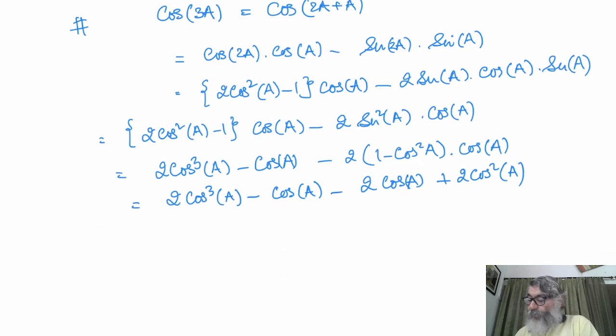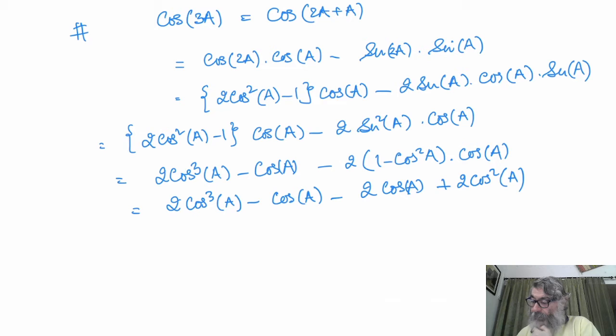So 2 cos cube a and 2 cos cube a, cos square a into cos a, will become 4 cos cube a and minus 3 cos a.